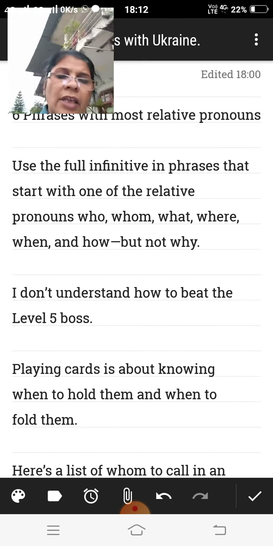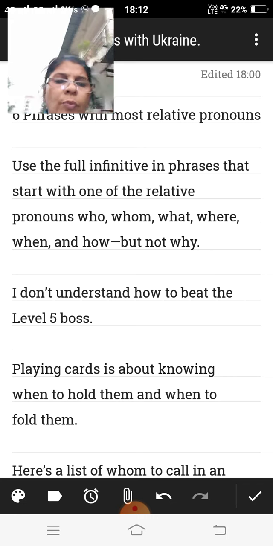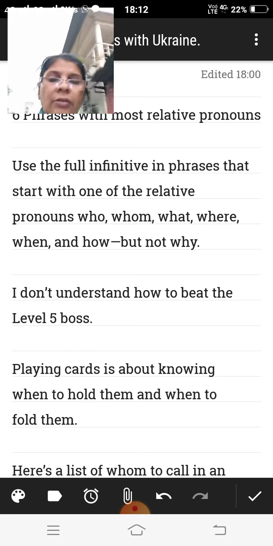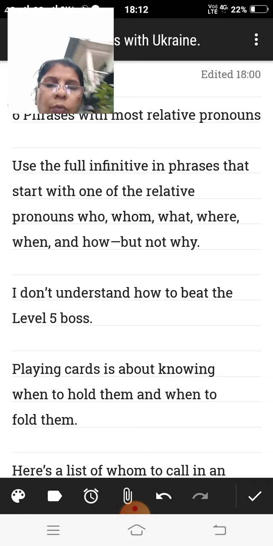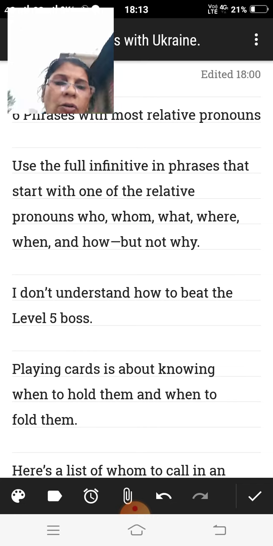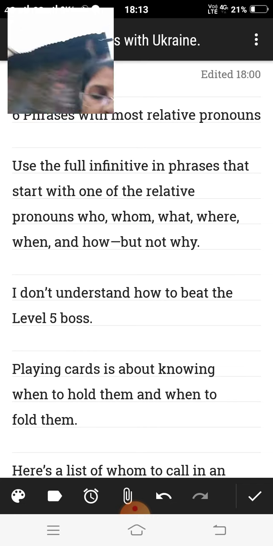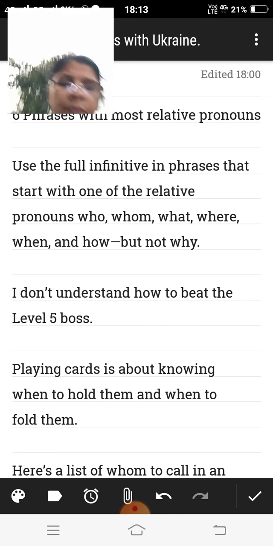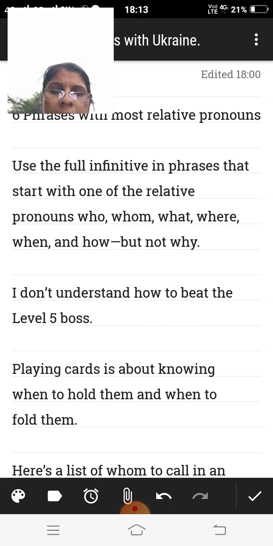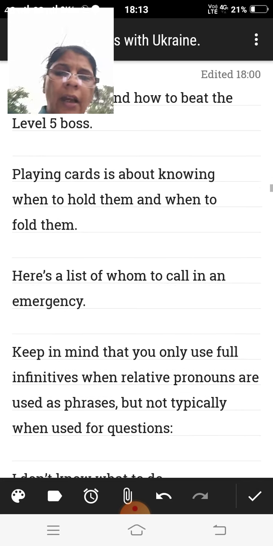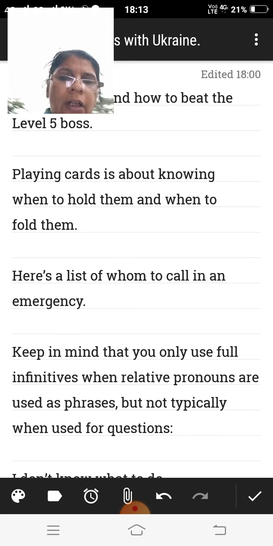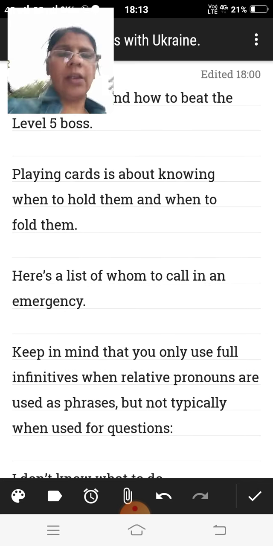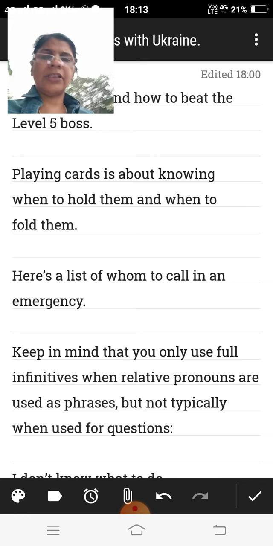I don't understand how to beat the level 5 boss. Playing cards is about knowing when to hold them and when to fold them. Here's a list of whom to call in an emergency.